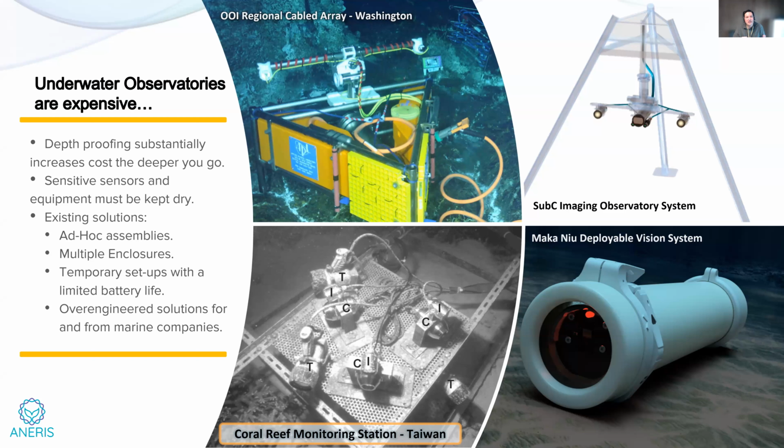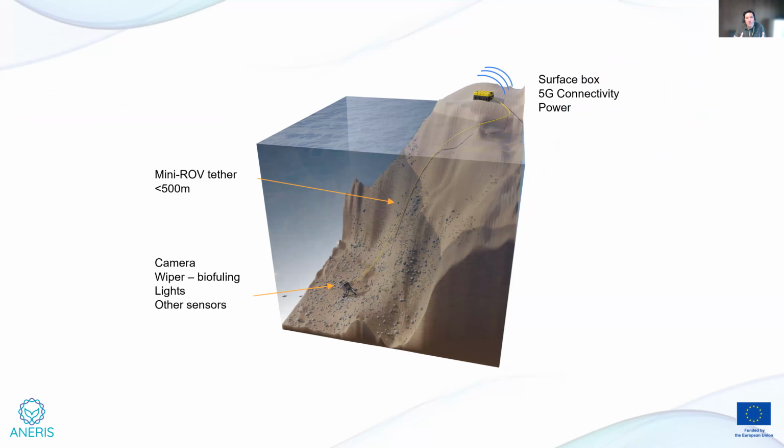Usually you have long cables with power and fiber optics, or if they are self-contained without connection to land, they need to be battery powered with large batteries. It's very complicated to deploy, recover, and maintain them. So this is an issue that we wanted to tackle in the ANERIS project. And one of the ideas that we had was to try to develop a low-cost underwater observatory that could be used and developed by many more universities and researchers than it is today.